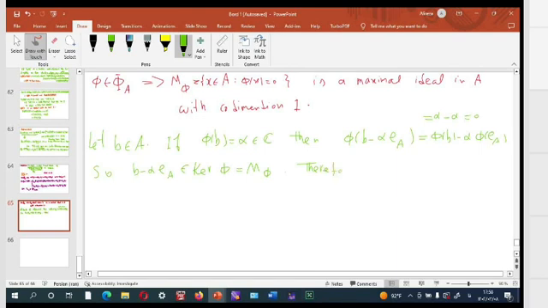Consequently, b is an element of αe_A + the kernel of φ, or αe_A + M_φ. And b was considered arbitrary, hence we have this conclusion that this is a one-dimensional vector space.